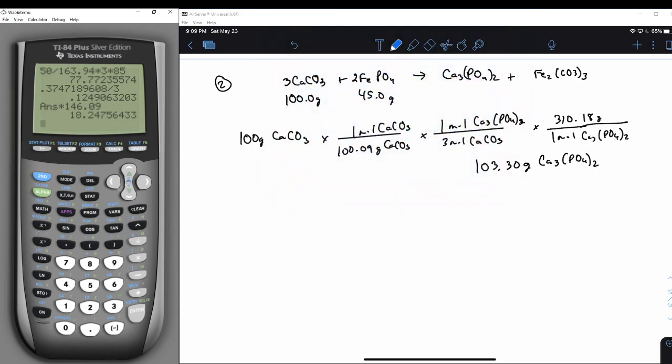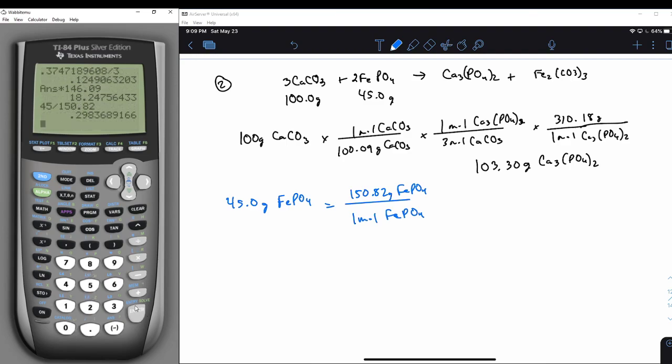Now conversely, if we start with 45.0 grams of FePO4, well, 150.82 grams of FePO4 is the equivalent of 1 mole of FePO4. So this is 45 divided by 150.82, which gets you 0.298 moles of FePO4.